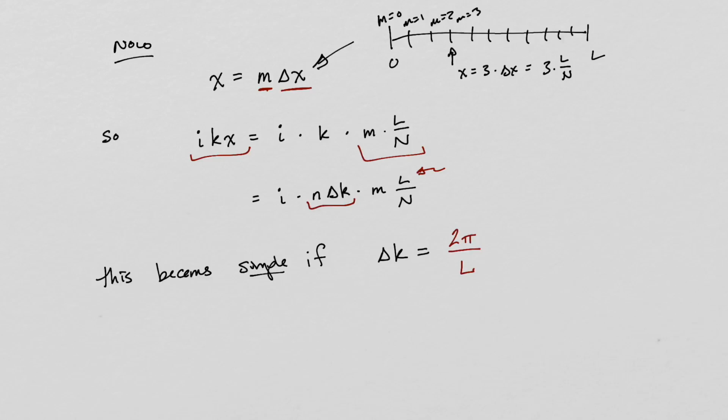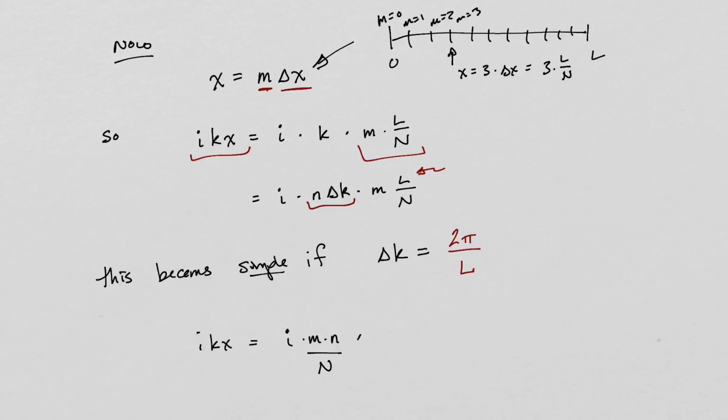We saw this a couple of slides ago. This was the natural unit that came up when I was talking about wave vectors. But it's also mighty convenient here because my i k x in this case turns into i times 2 pi times m times n divided by n, and all of the L's cancel.